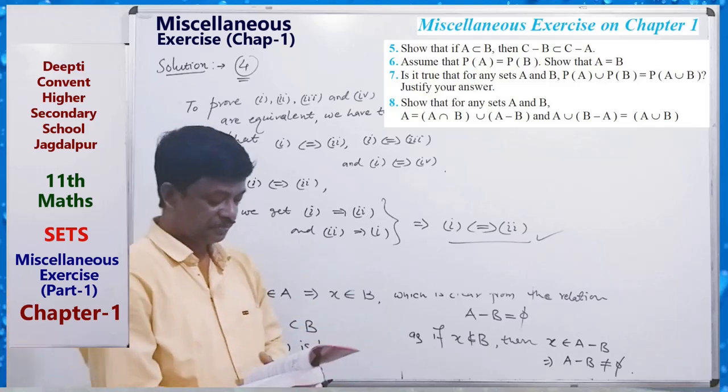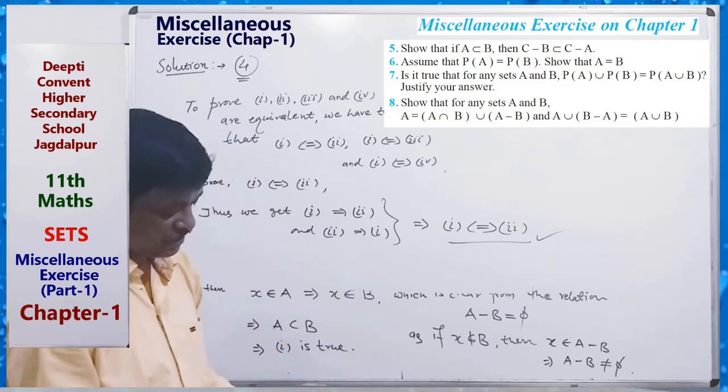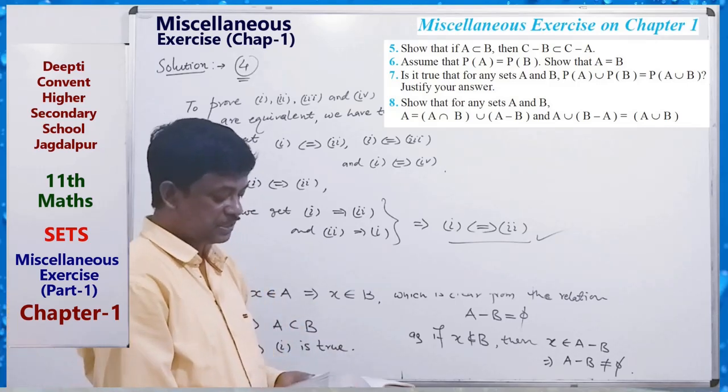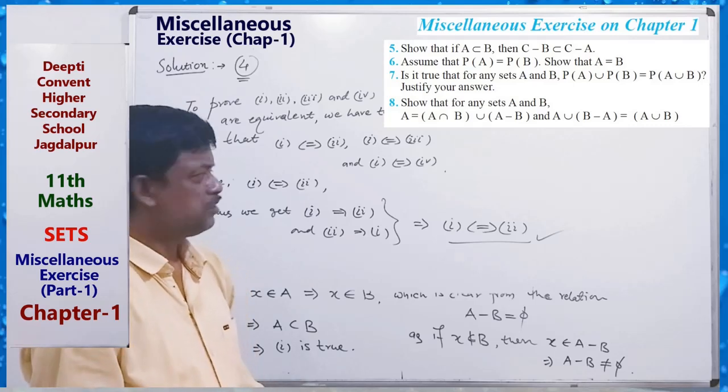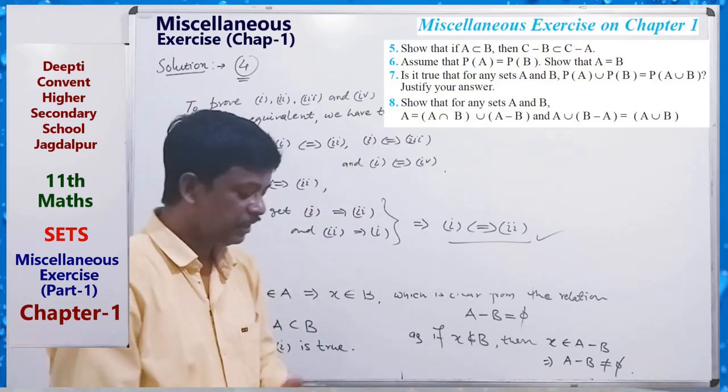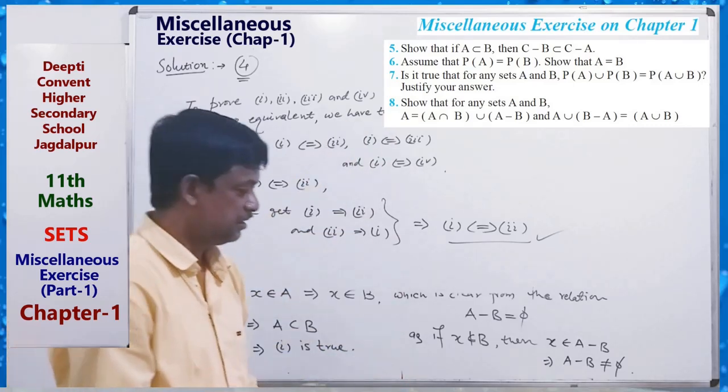Question 5 is: show that if A subset B, then C minus B subset C minus A. You can prove it by taking an element.